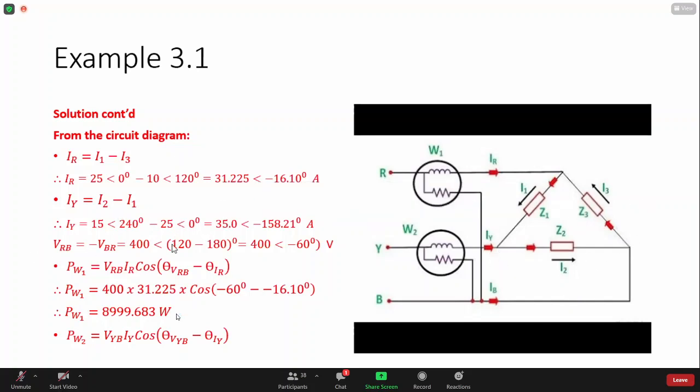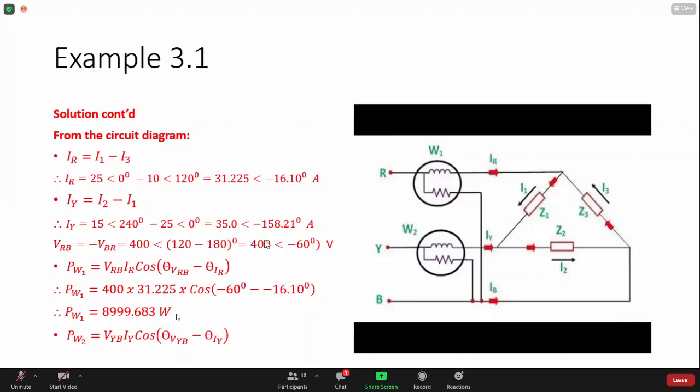All right, so we need to find VRB, and VRB is actually minus VBR. The way we work it out is to say, what is the angle for VBR, and take 180 degrees from it, because 180 degrees would make an about turn, going in the opposite direction. So when I take 180 from 120, I get minus 60.